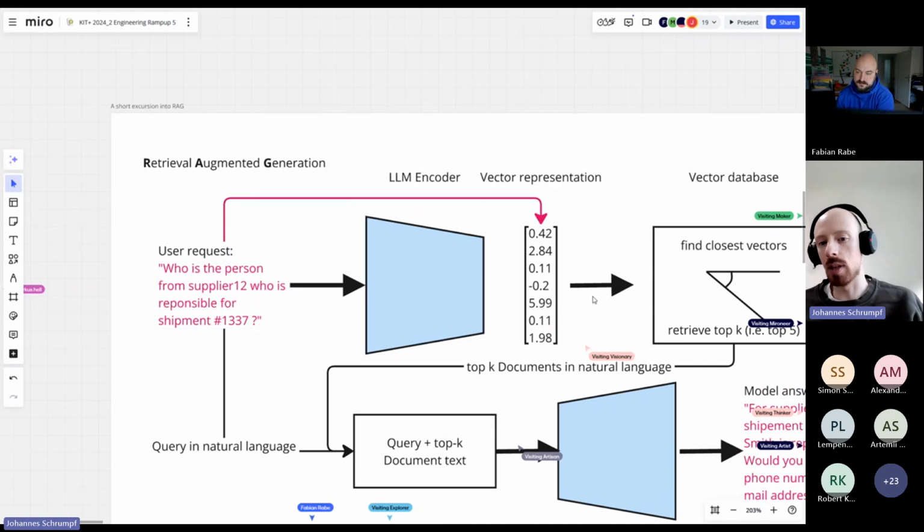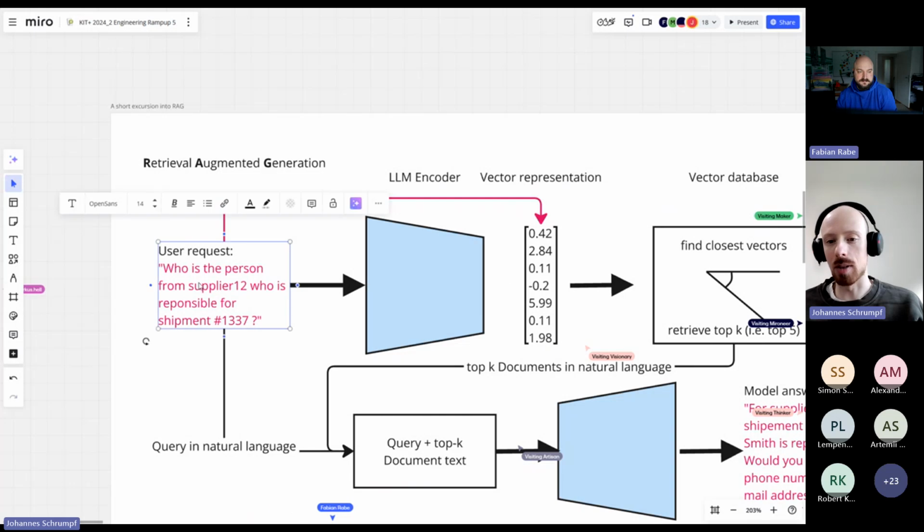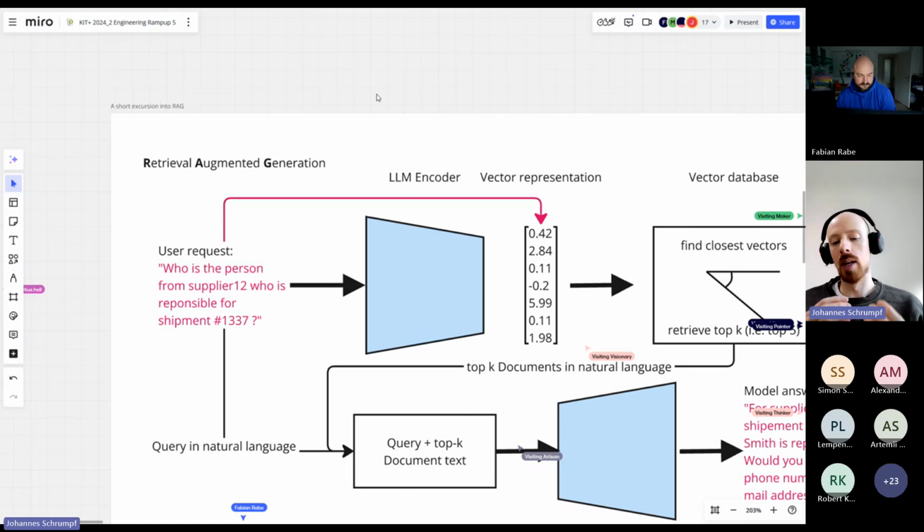And of course, we can do the other way around. We don't need to pass this vector through our decoder, but we can just say this vector here on the right side corresponds to our query, and we retain this link. So this vector corresponds to this input query.